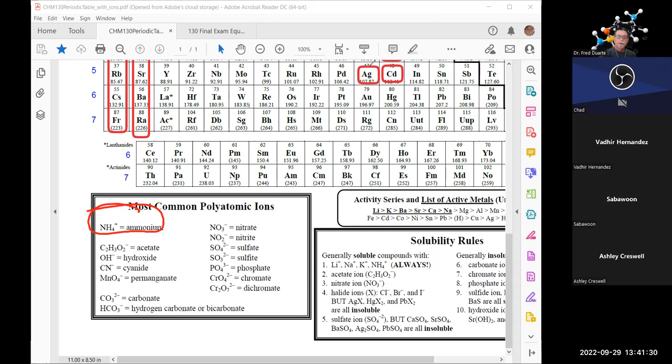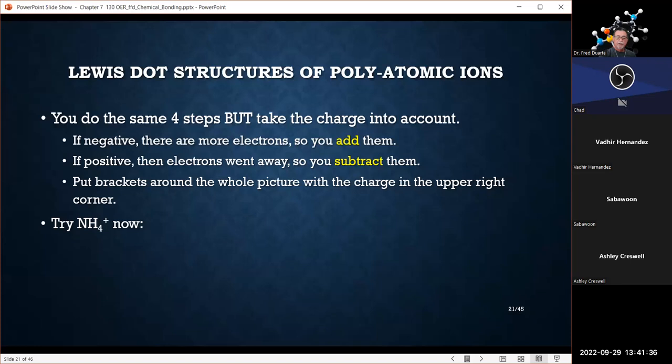And so what we do, make note of the charge of that ion. It is positive. Being positive, we have to subtract from our total tally of valence electrons.